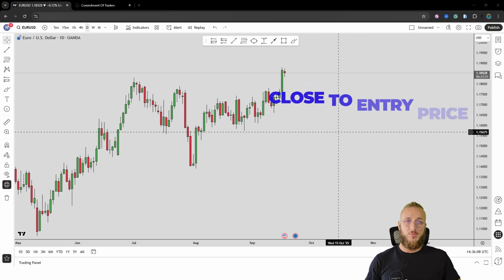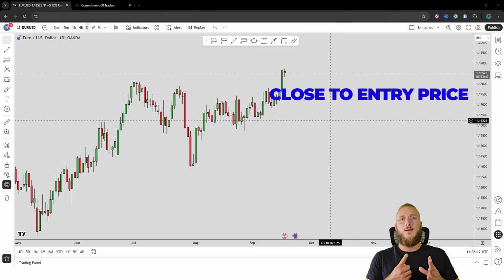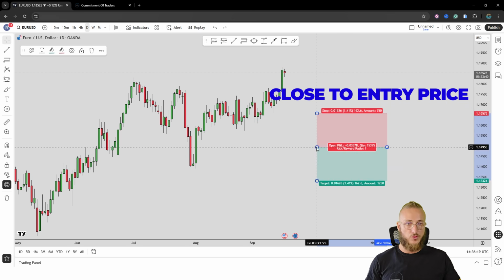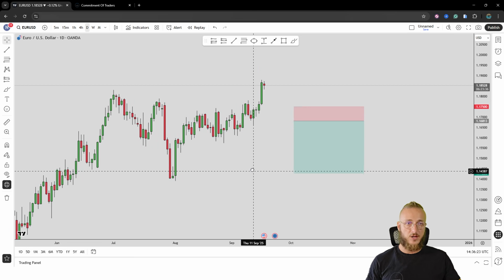First one, people are placing their stop losses too close to the entry price because what they're aiming for is the highest risk to reward possible. But I'm sure that it has happened to you many, many times that maybe you were looking to short a specific market.